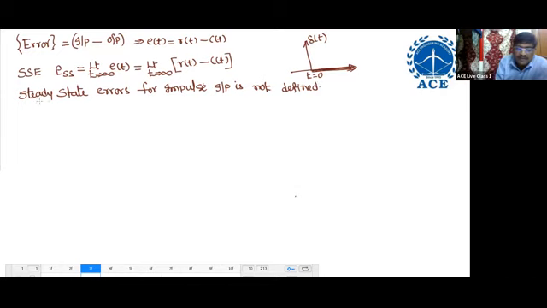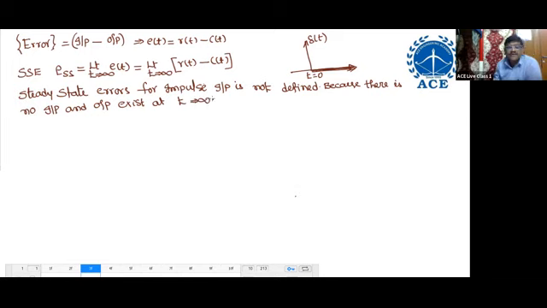Right. So steady state error for impulse input is not defined because there is no input and output exist at t tends to infinity.